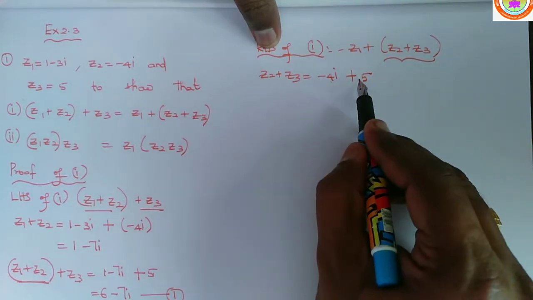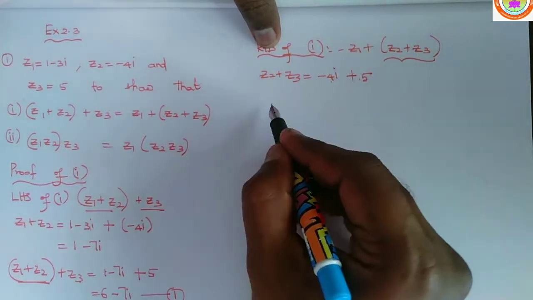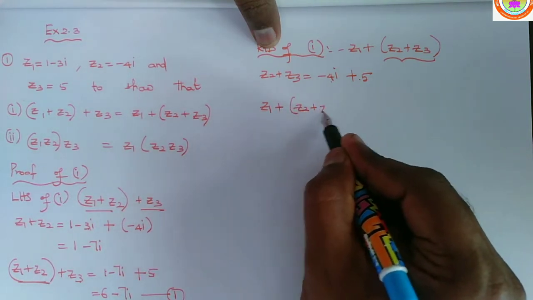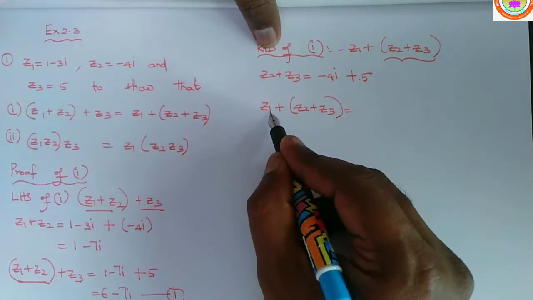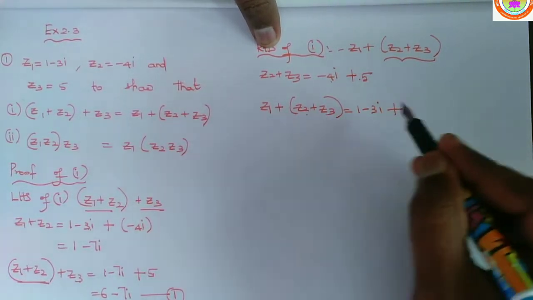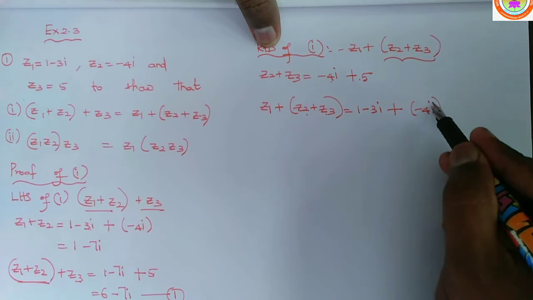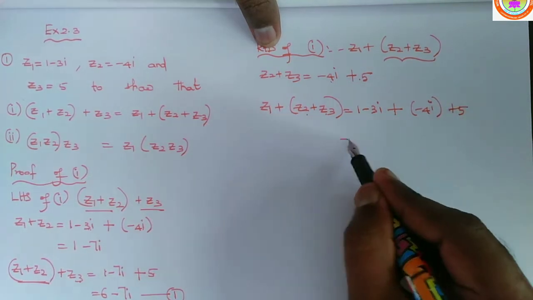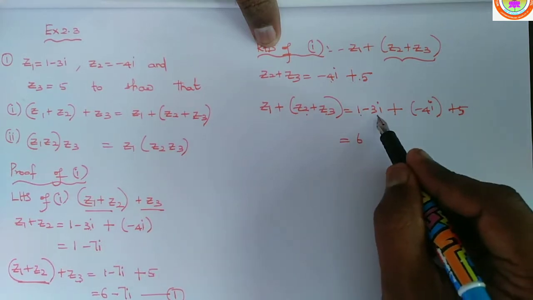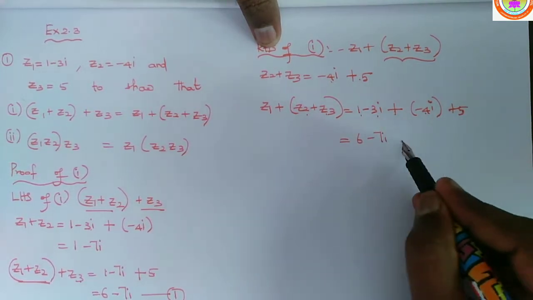Now we need to add all the things. So Z1 plus Z2 plus Z3 is equal to Z1, which is 1 minus 3i, plus Z2 plus Z3, which is minus 4i written in bracket, plus 5. 1 and 5 are real, so 6, minus 3i minus 4i gives minus 7i.